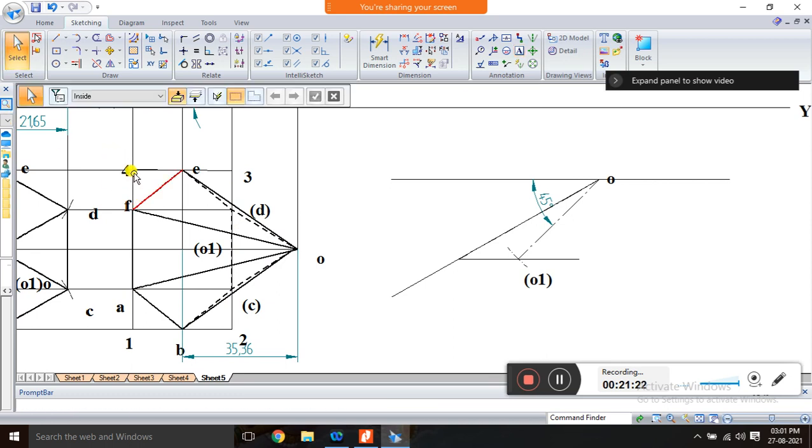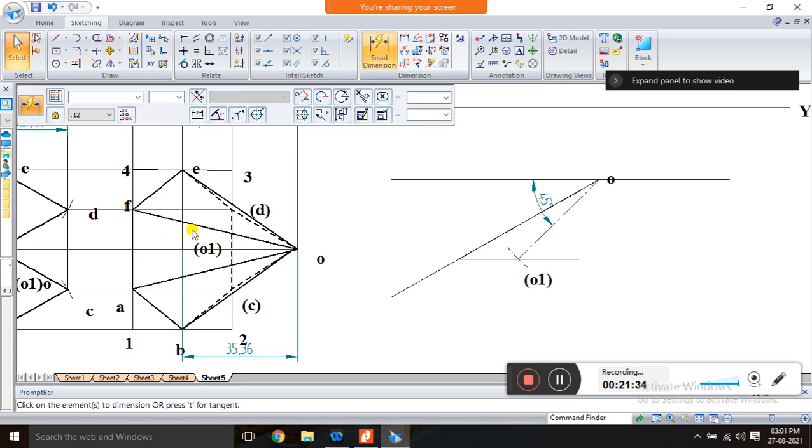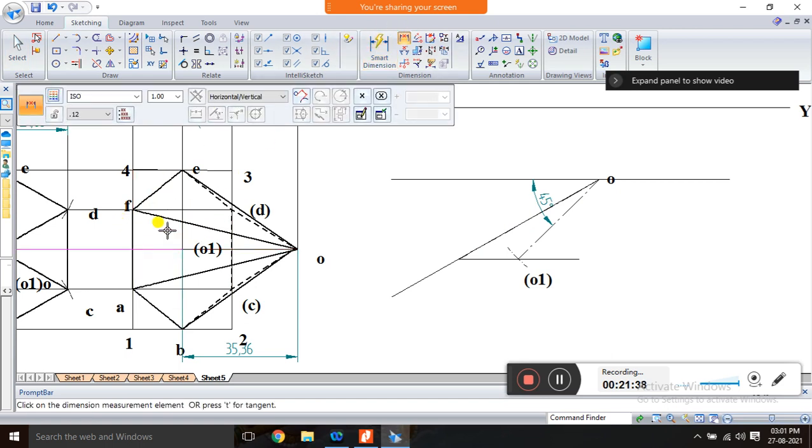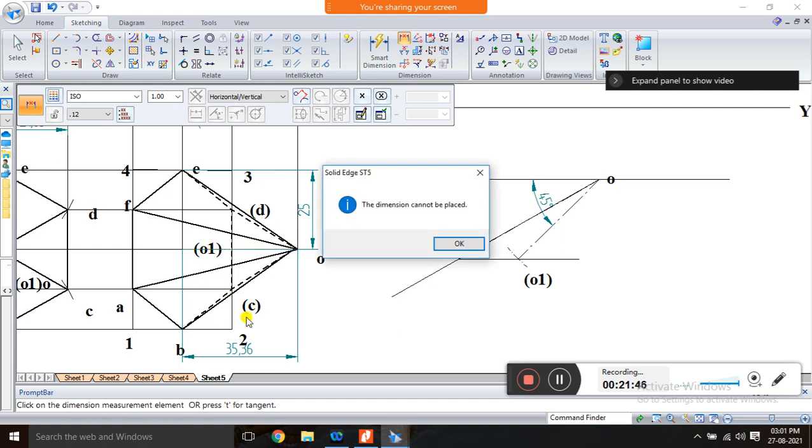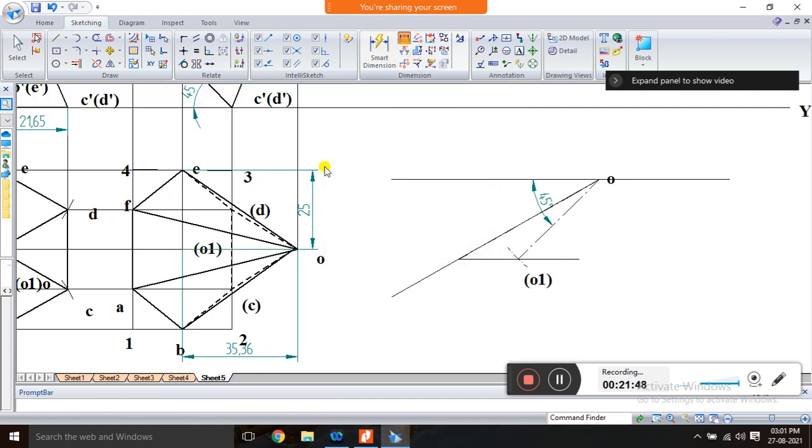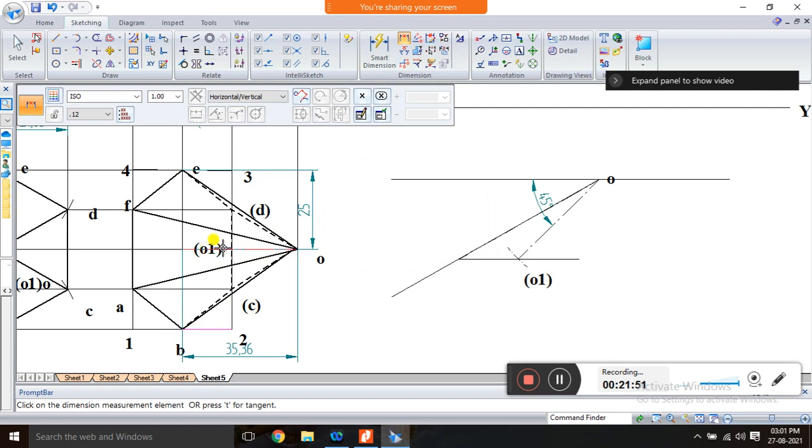So first create the box as it is here, with respect to this. So parallel to this, the distance from here to here is 25 mm, from here to here the same 25 mm, and from here to here we measure all the distances.